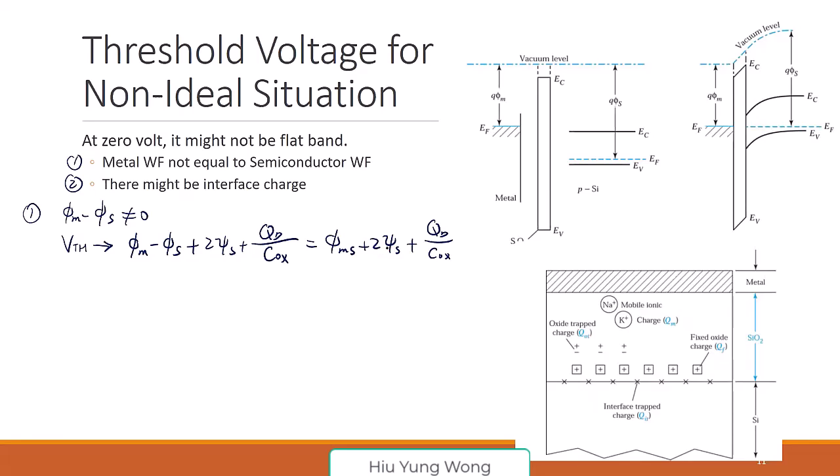So because of that, VTH will have to add another term, and trust me, it's just negative Q interface trap or Q fixed charge divided by C ox. Again, Q divided by C is the extra voltage. And then we add phi ms plus 2 phi s plus QD over C ox.